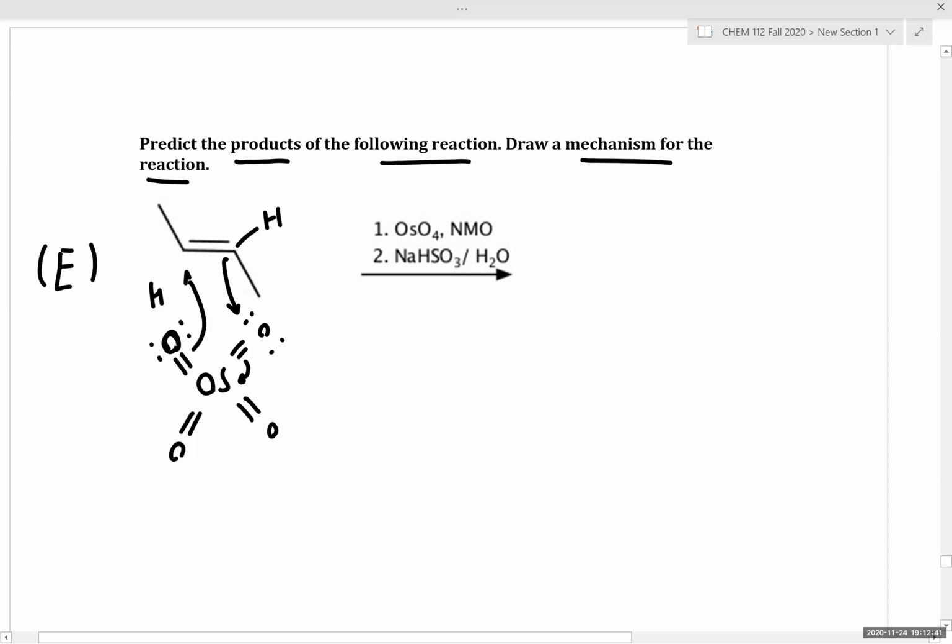Now, just as a question, looking at how these arrows are drawn, is osmium functioning as an oxidizing or reducing agent? What is osmium doing to our alkene?